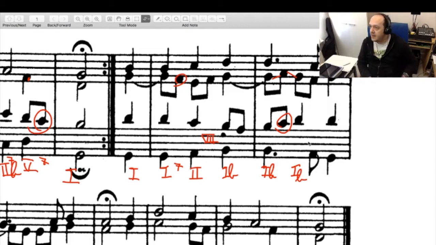And on the second quaver here, something happens. I have a D, so I have some chord. Okay, that's chord 5, 7.